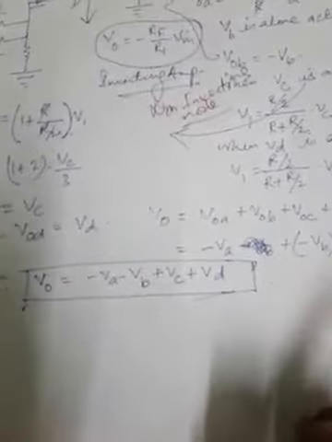And since the gain of the summing amplifier we have considered here is 1, any scale factor can be used for the inputs by selecting proper external resistors.